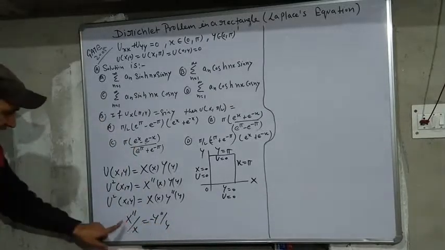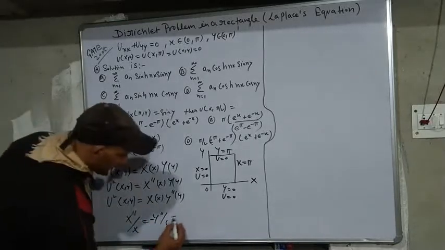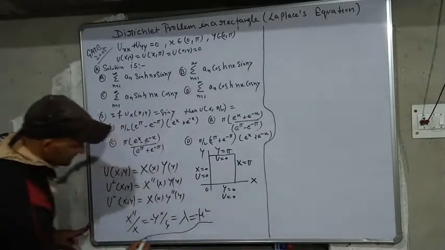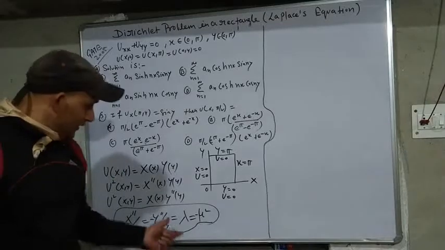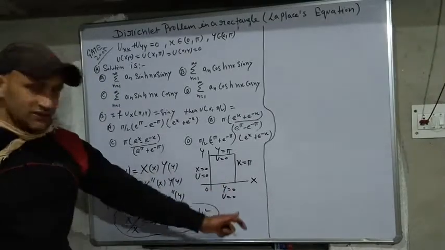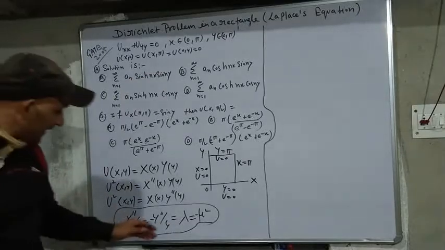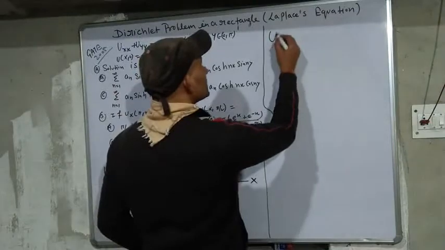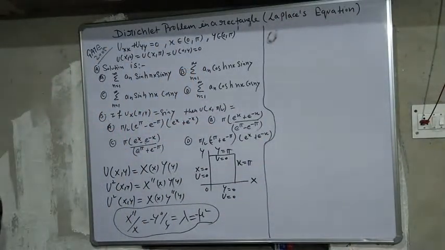You can take the minus either here or here. Already we have discussed. If we take this as lambda, and lambda is equal to minus mu square, you have got some solutions. Already we have solved such a form in the previous question, so I will not explain here. I will write the solutions directly.